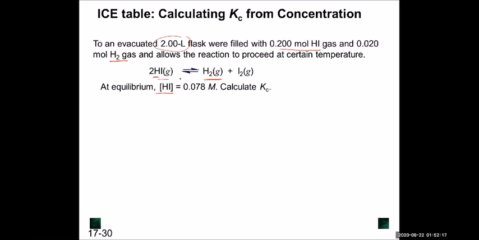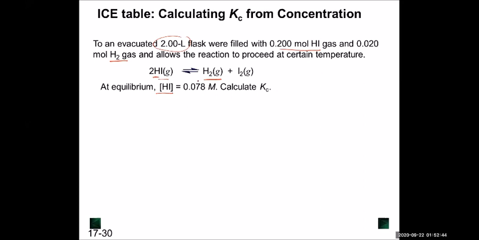If you look at the question, in the end you have the molarity for HI. The ICE table is based on the number of molecules, which in turn means it is based on moles. But in reality, the reaction happens in a container that has a fixed volume.